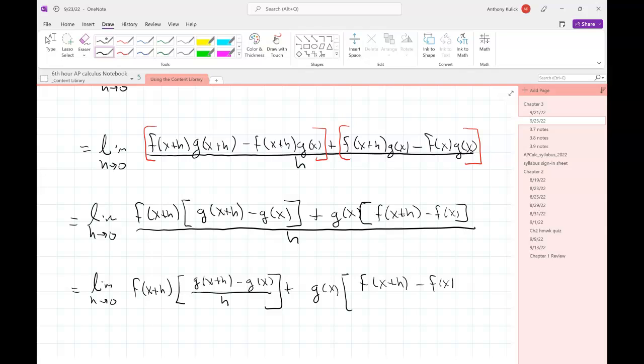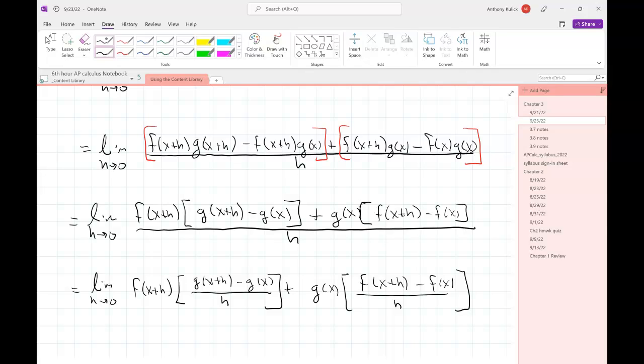Those terms that all have the common denominator h, I'm going to write that just under the second factor. But that's okay, right? If I have 2x over 5, that's the same as 2 over 5 times x, right? Same thing, that's all I'm doing here.